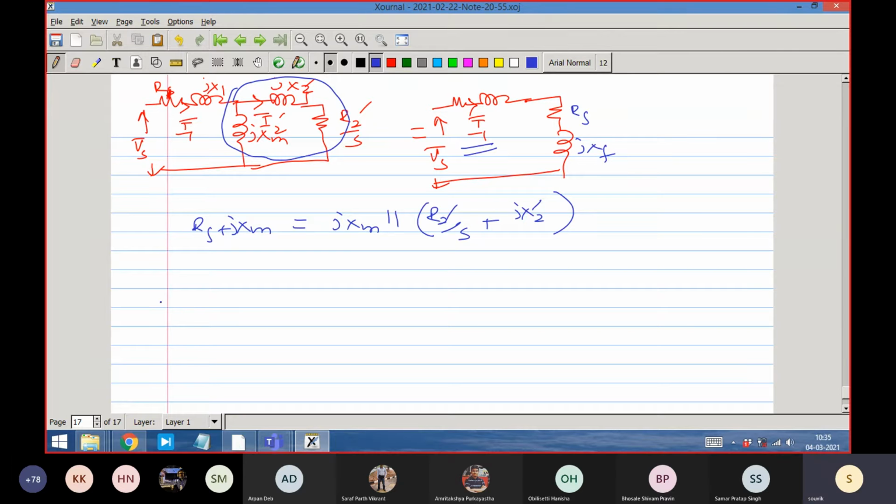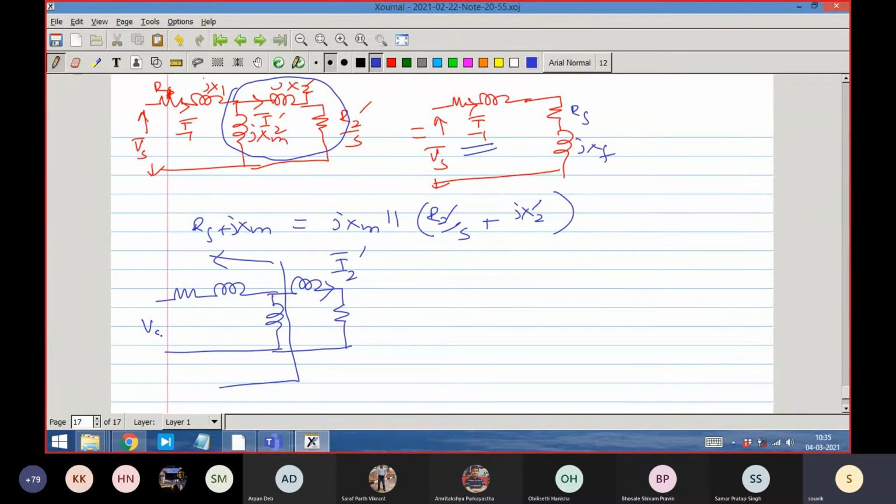That is R1 JX1, and this is the basic circuit it was. Right. So here we will preserve I2 dash. Therefore we will do the Thevenin equivalent circuit of this.